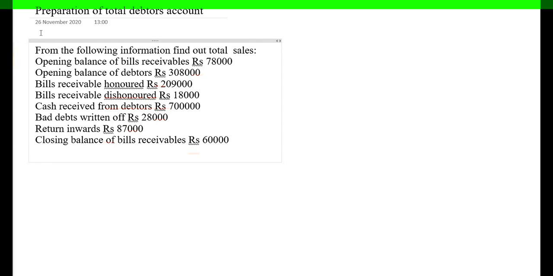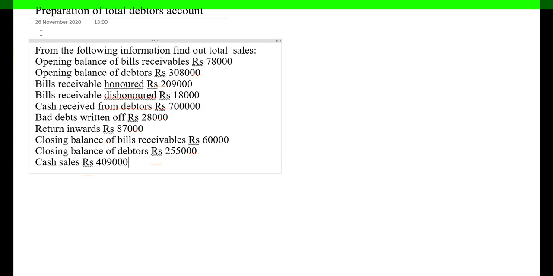Then closing balance of debtors, rupees 2,55,000. Cash sales, rupees 4,09,000. So from these details, we are required to find out the total sales.